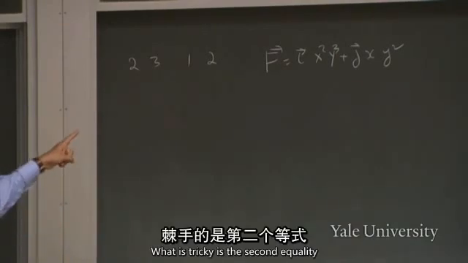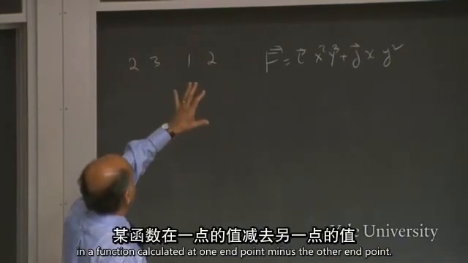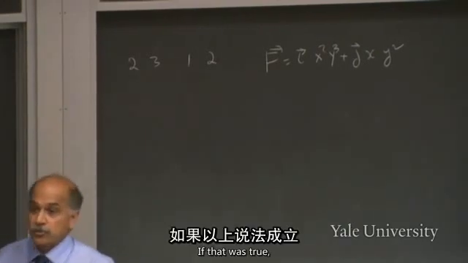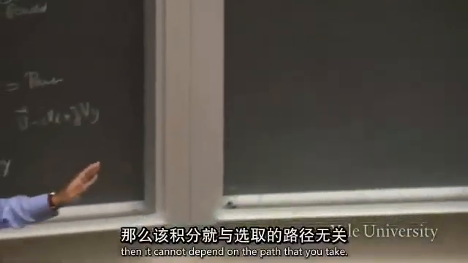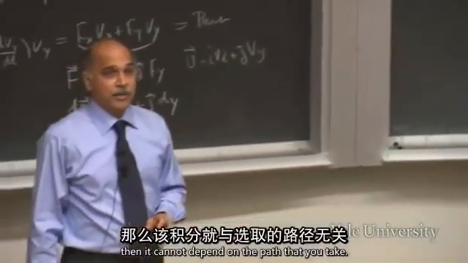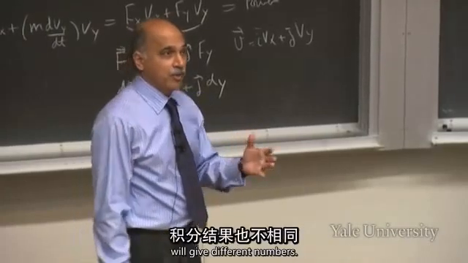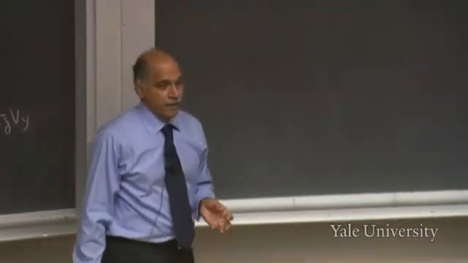What is tricky is the second equality, that the integral is the difference in a function calculated at one endpoint minus the other endpoint. If that was true, if the integral depended only on the endpoints, then it cannot depend on the path that you take. If it depends on the path, every path you take between the same 2 endpoints will give different numbers, so the answer cannot simply be u1 minus u2.